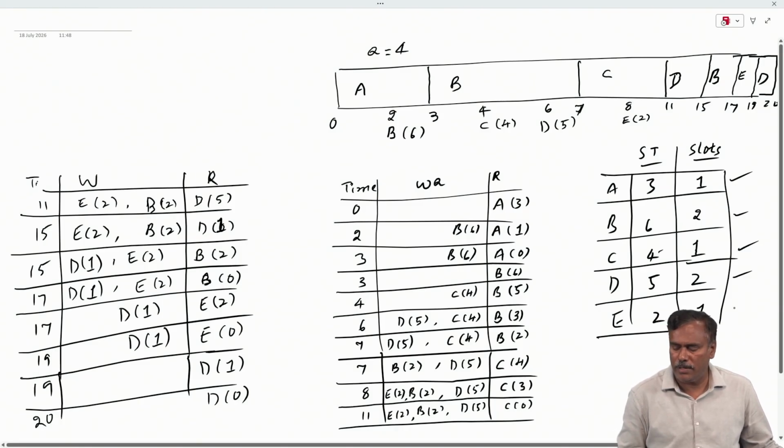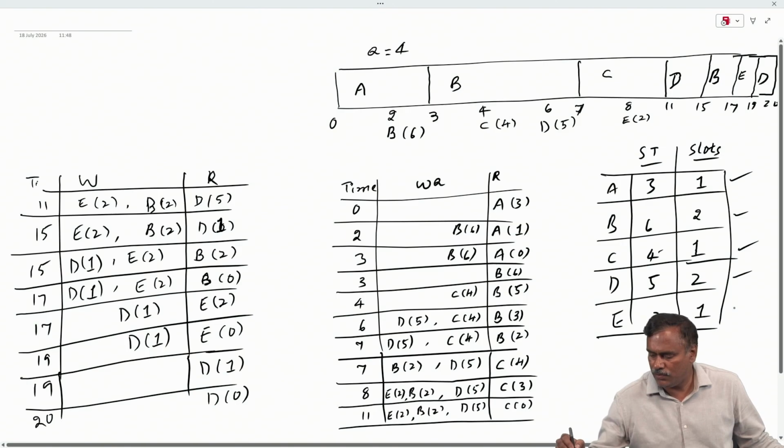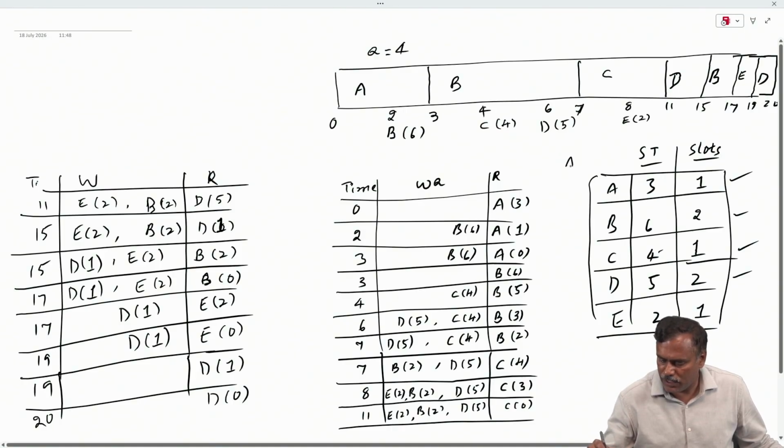Now by means of this Gantt chart, we can find the waiting times of every process. Let me write down the arrival times of the processes here, so at one place I can have all these things.